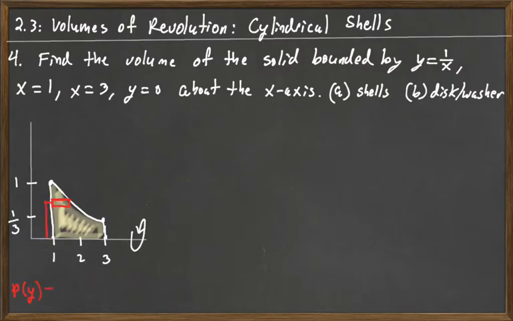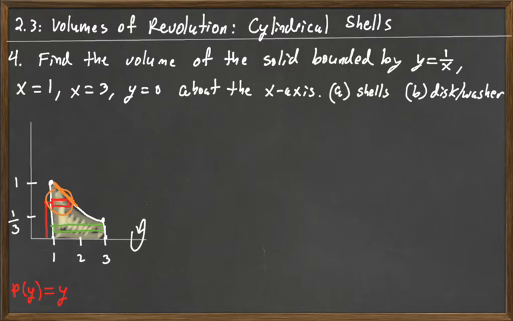So if we look at my representative rectangle there, the distance from that representative rectangle to the axis of revolution is simply y. Now, I have another representative rectangle, and notice that the upper function changed for your height. For the first one in red, the upper function is determined by the reciprocal function.